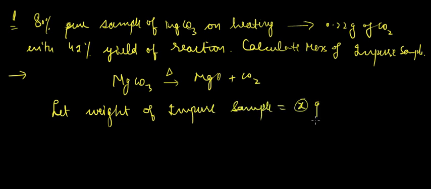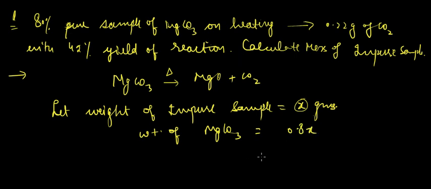From this we can say that the weight of MgCO3 would be 0.8x. Why? Because 80% purity is there in the sample.